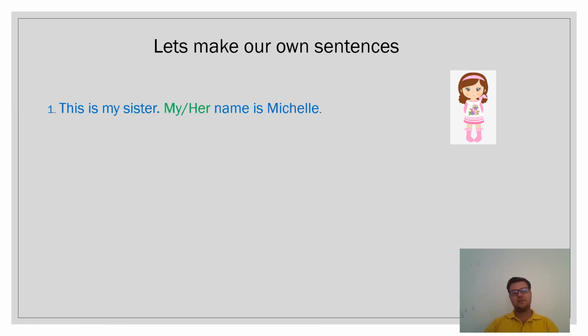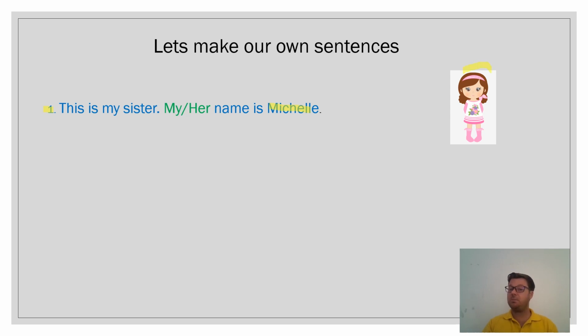Let's look at the sentence. Sentence number 1. This is my sister. Her name is Michelle. Michelle is the name for a girl.